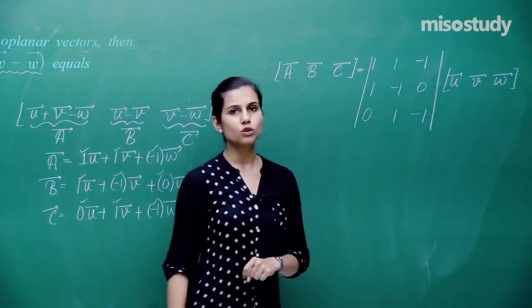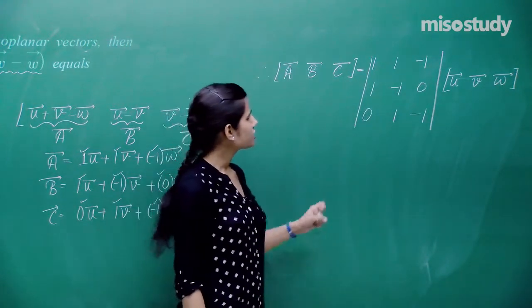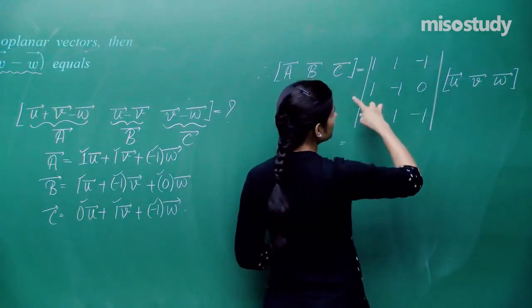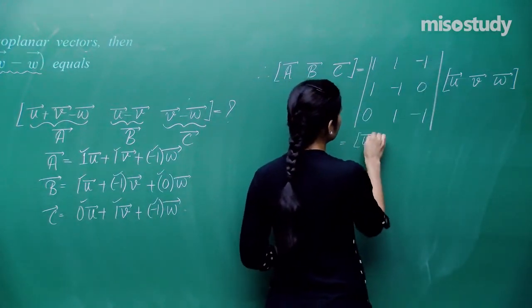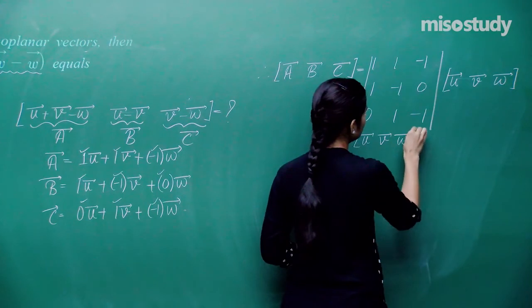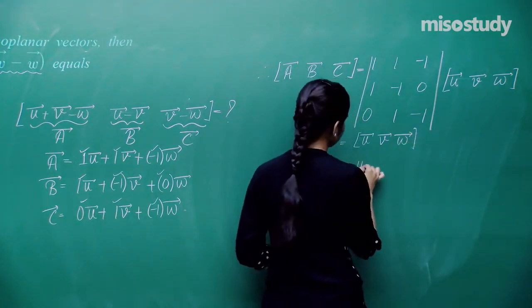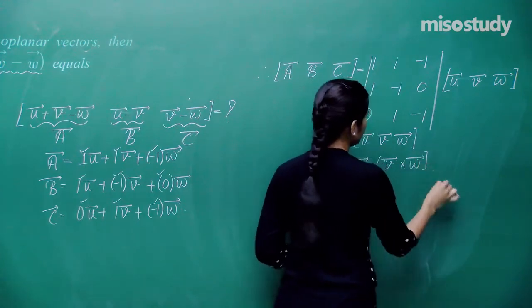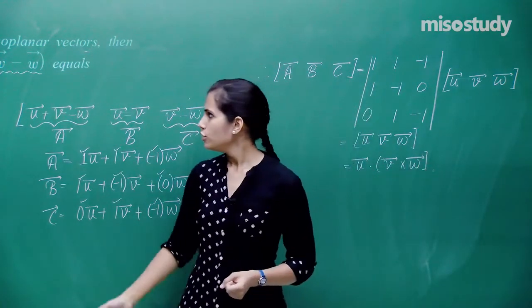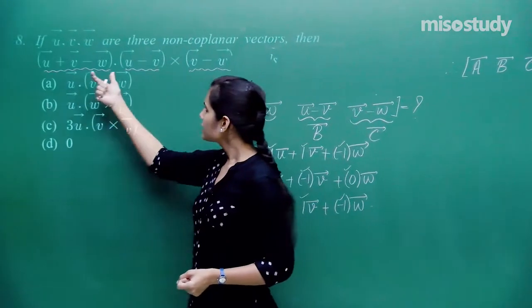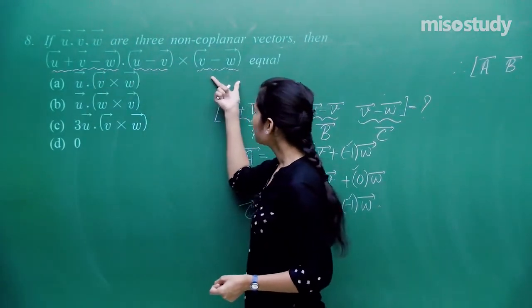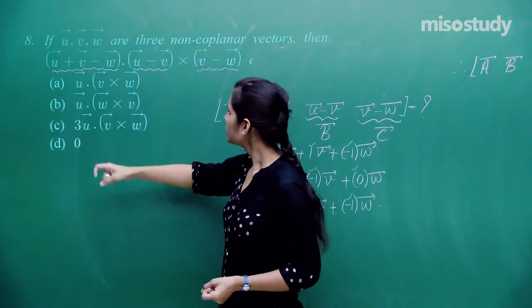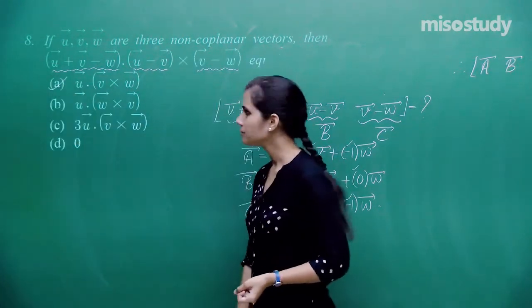This property, if you don't know, you are going to be at a loss, because this is going to help us get the answer very easily. This particular determinant comes out to be 1, so 1 into the scalar triple product of u, v, w. This is u dot v cross w. So A dot B cross C is actually coming out to be u dot v cross w.